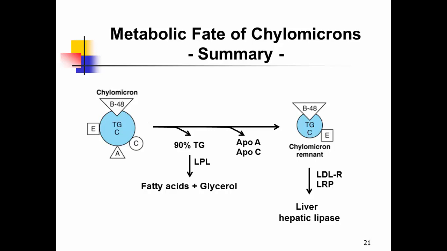So it's a little bit different here. In the mature chylomicron, LPL is the enzyme that hydrolyzes triglyceride, and in the chylomicron remnant, once it's picked up by the liver, the triglyceride is hydrolyzed by hepatic lipase, right?